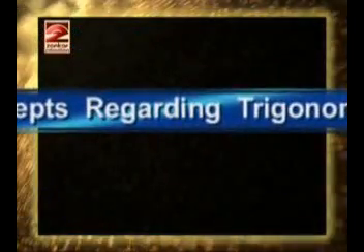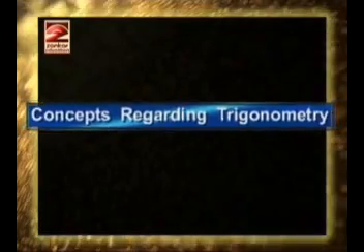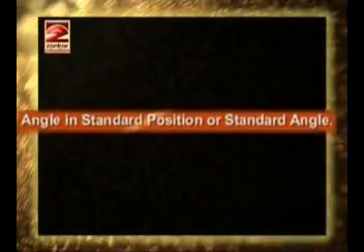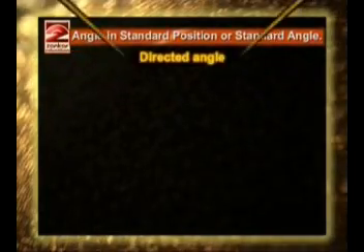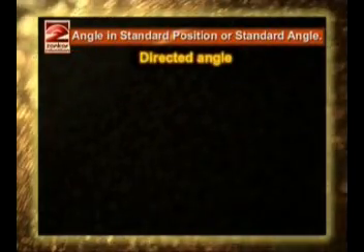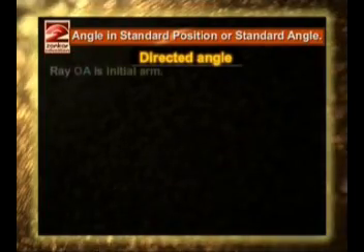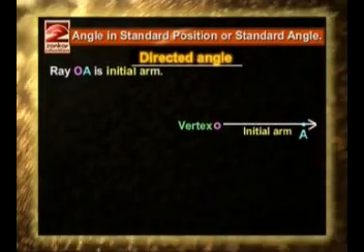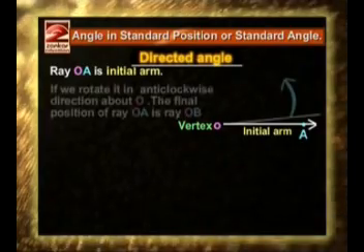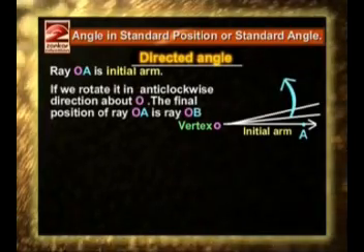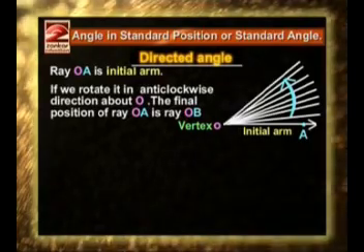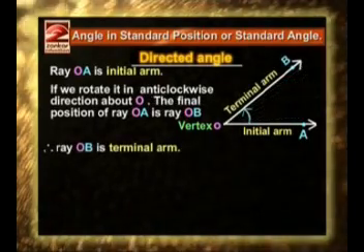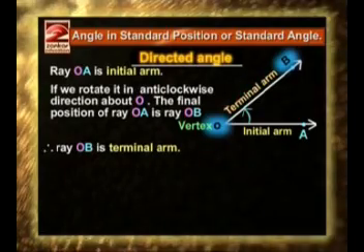Now some more concepts regarding trigonometry. The first one, angle in standard position or standard angle. First one, directed angle. Here, ray OA is known as the initial arm, and if we rotate it in anti-clockwise direction about O, the final position of ray OA is ray OB, and therefore ray OB is the terminal arm.